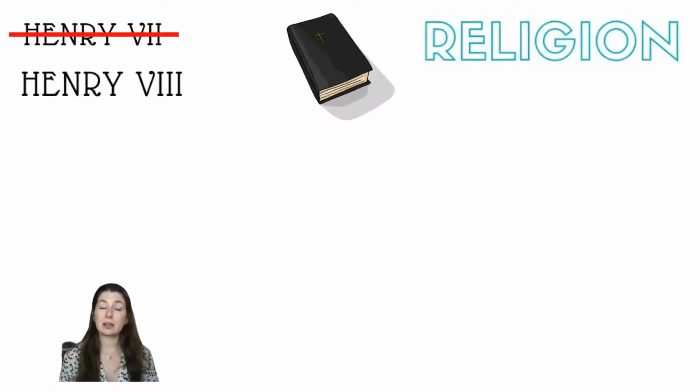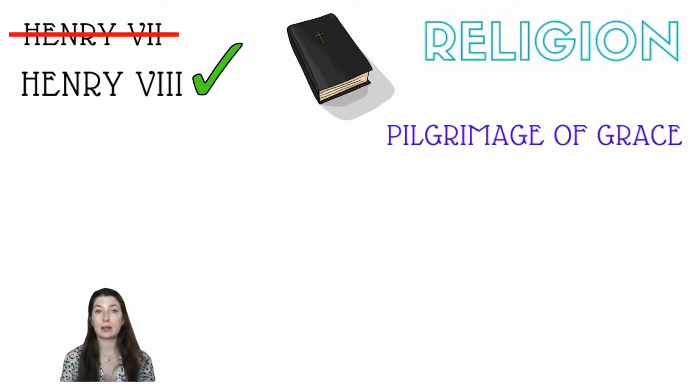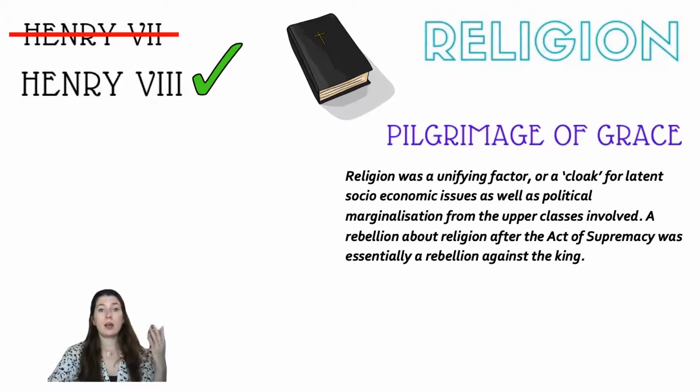Henry VIII really starts off this process, obviously, of religious discontent in 1534 with the Act of Supremacy, where he changed the faith in England from Catholicism to Protestantism. Now, this triggered the first religious rebellion, and probably the most significant, the most threatening religious rebellion, the Pilgrimage of Grace in 1536.